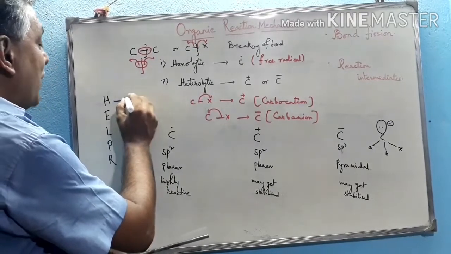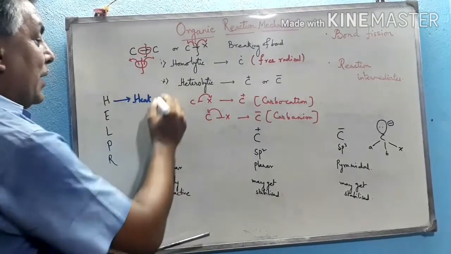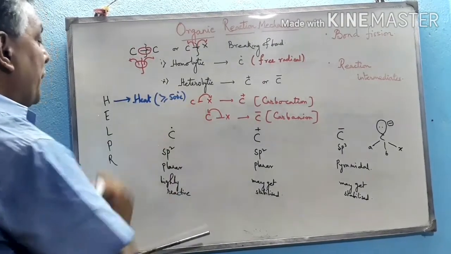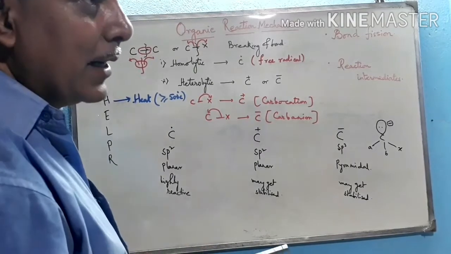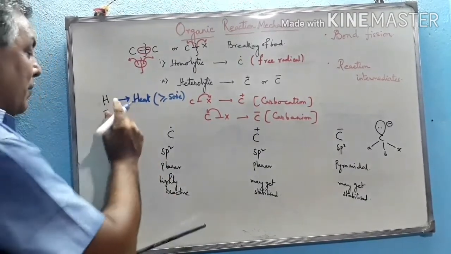Which are these 5 cases? Number 1, heat. In presence of heat at greater than or equal to 500 degree centigrade, the intermediate must be a free radical.